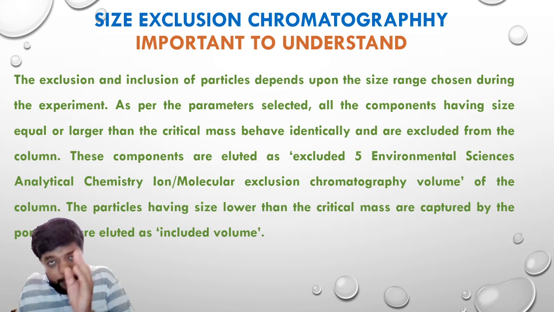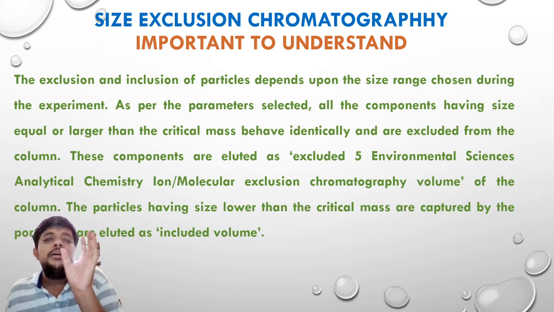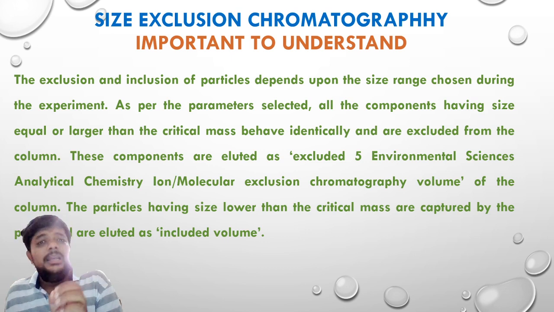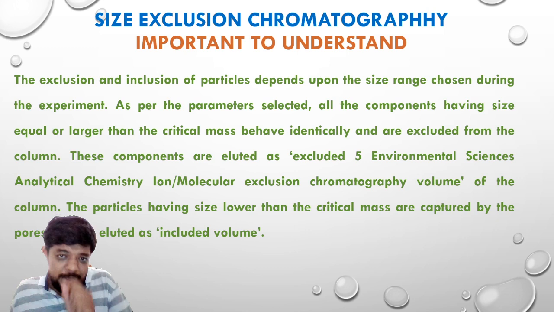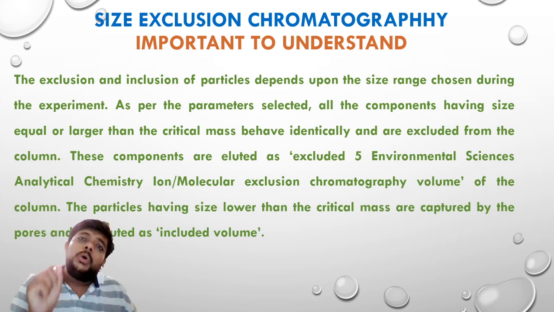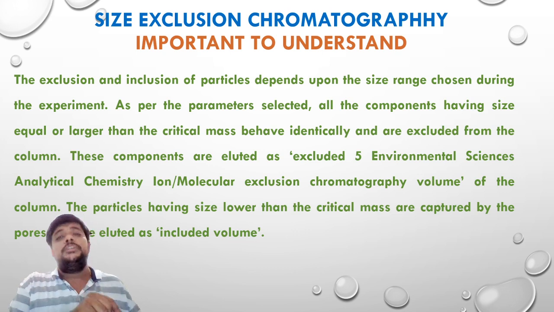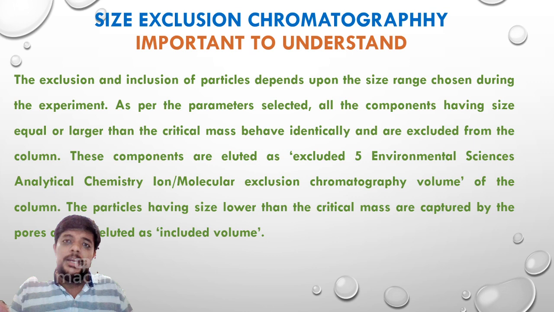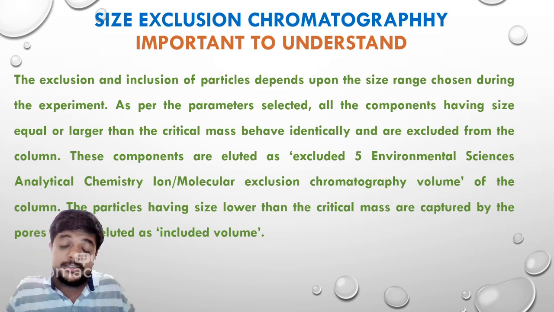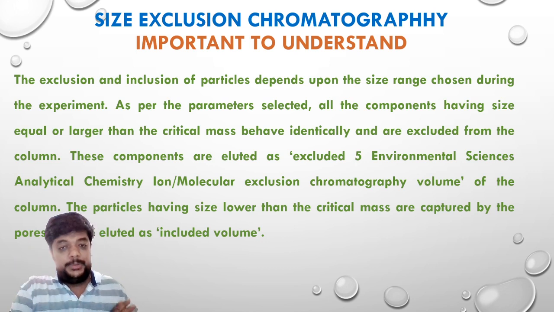But the particle having size less than that will get trapped inside. It means the larger particles or equal sized particles equal to the stationary phase pores will not get trapped, will be excluded and thrown away with the mobile phase, whereas the particles having lesser size will get trapped.